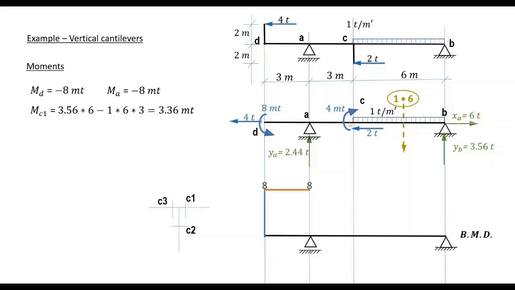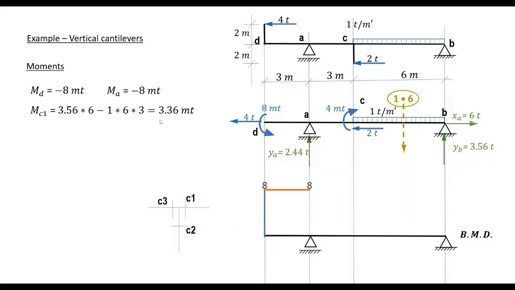And please note the sign convention. YB, the moment caused by YB, has a positive sign because it causes a moment with a downward tail. Tension fibers on the lower fibers. 1 by 6 has a negative sign as the tail is upwards, causing the lower fibers to be compressed.